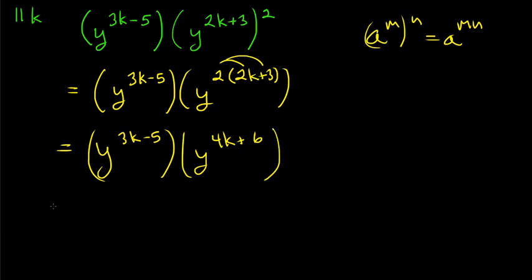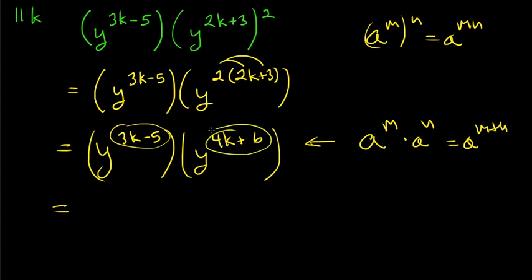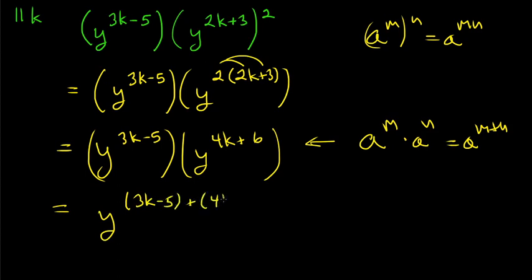So far, so good. All right, what do we have here? We were multiplying two expressions, right? A to the m times a to the n. So here's where we add the exponents. Right, so this is my m, this is my n, right? A is just y. So we're going to add the exponents. This is y to the power m plus n, right?